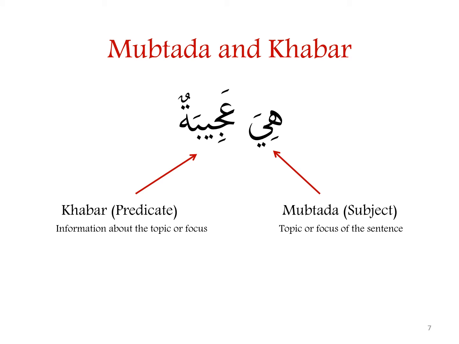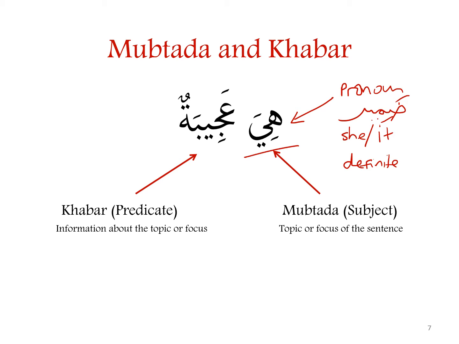So another example of a nominal sentence with a mubtada and a khabar is hiya ajibatun. Now hiya is a pronoun or dhamir, meaning she, or depending on the context, could mean it. So we know that pronouns are definite because they refer to something specific.